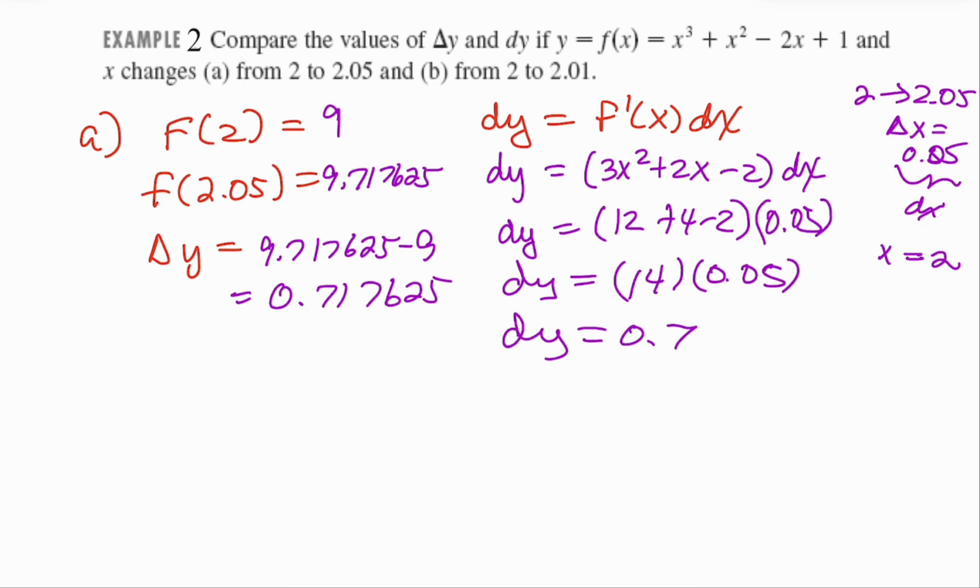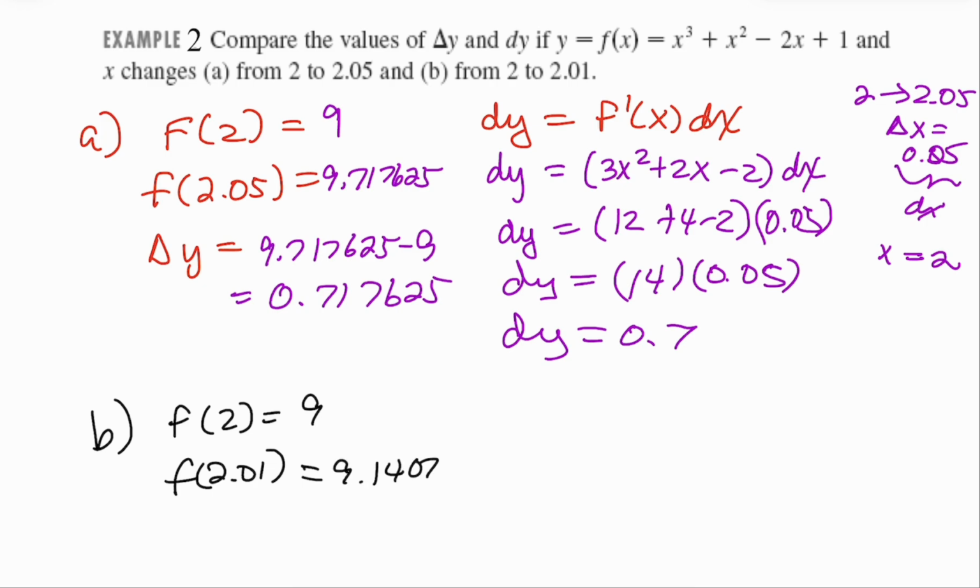Now, let's look as we get from 2 to 2.01. When that's the case, f of 2 we know is 9. F of 2.01 I've done earlier, it's 9.140701.